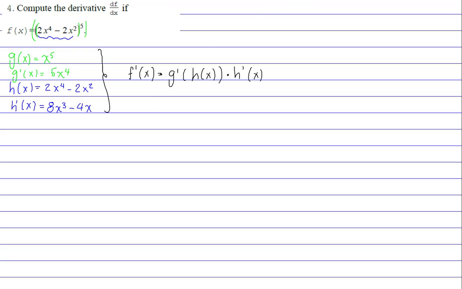So when we plug this in, g prime would be 5, but instead of x, I have to leave h of x there, to the power of 4, times h prime, which is going to be 8x cubed minus 4x. And what do I put in this parenthesis? I put h, so the inside function.